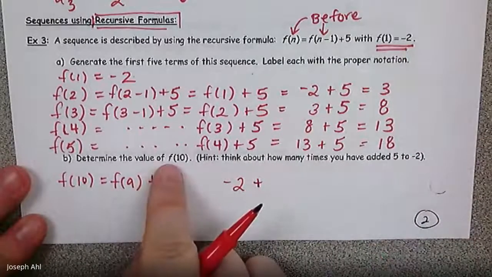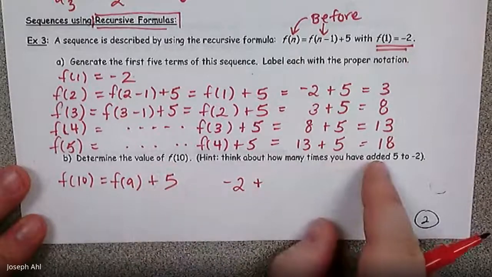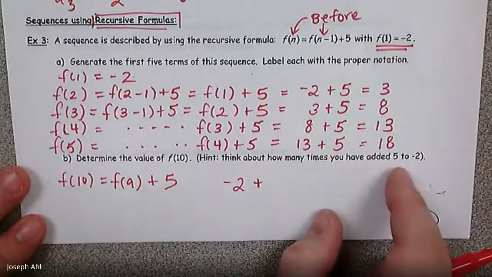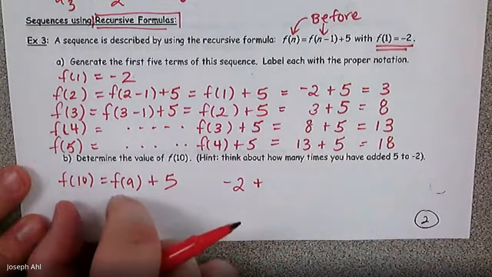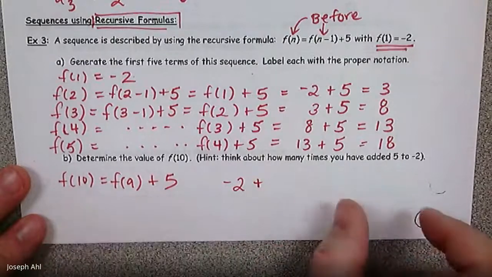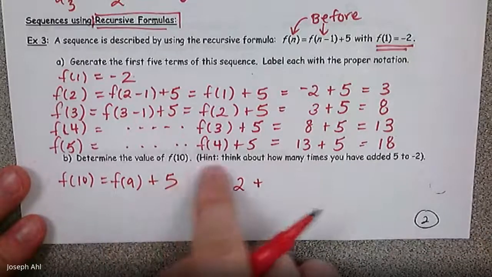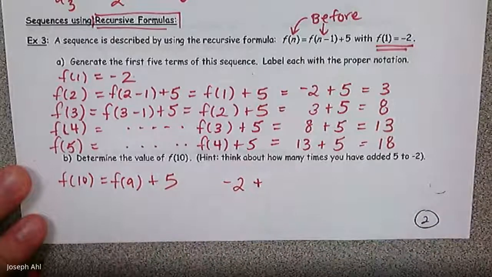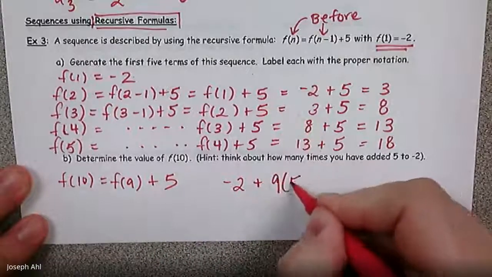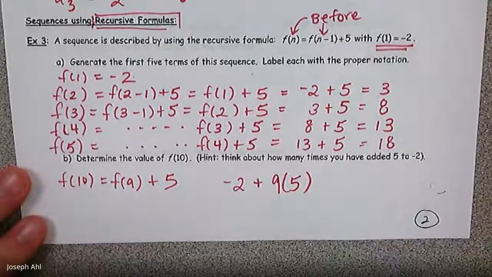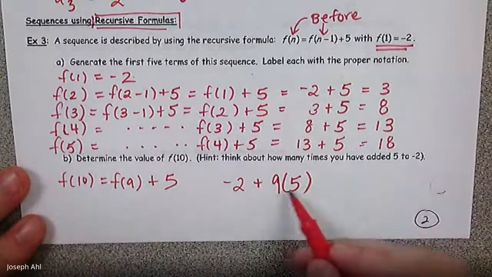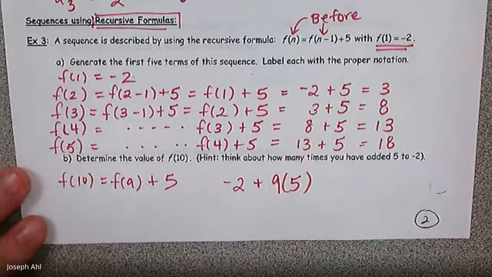And by the time I get to the 10th number in the list, I've added on 5 a total of 9 times, right? If I start in the first location, by the time I get to the 10th spot in the list, I've done 9 hops of 5 to get there. So you can really quickly get that value by doing -2 plus 9 of those 5s that were added on.